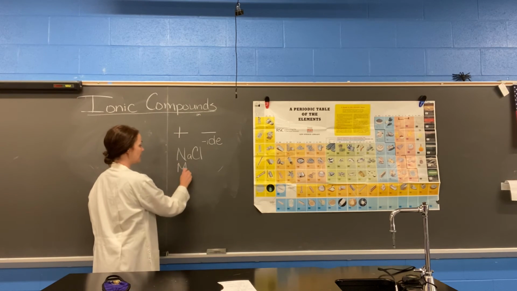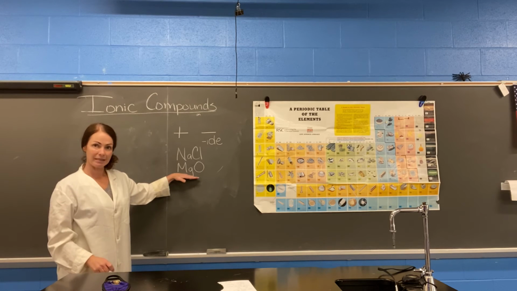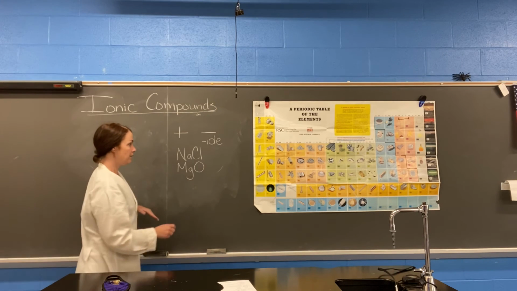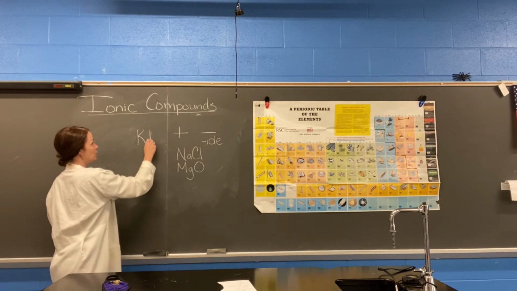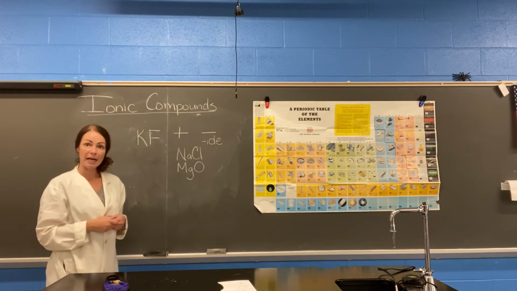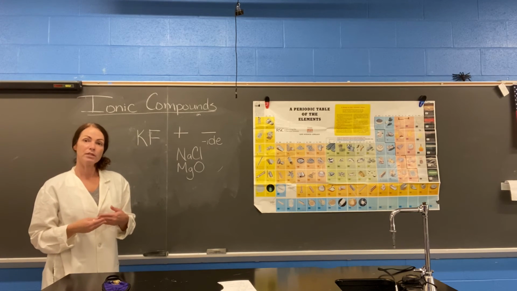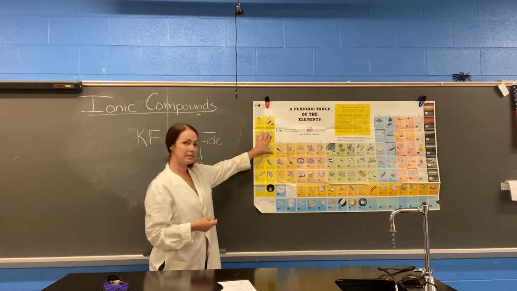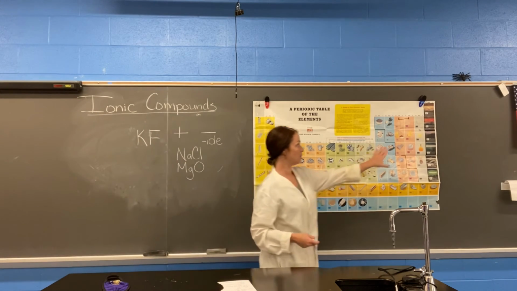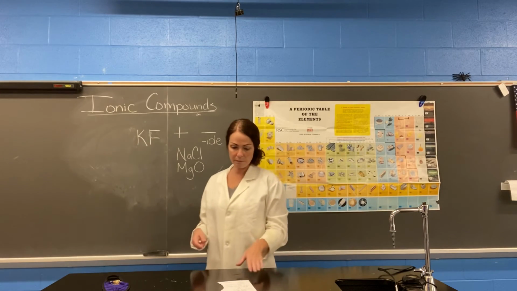If you have magnesium and oxygen, that becomes magnesium oxide. If you have something like potassium and fluorine, that becomes potassium fluoride. So when you hear names like that, hopefully you'll go, oh yeah, that's an ionic compound. That means that they're things from this side of the periodic table bonding with things from this side or these two columns of the periodic table.